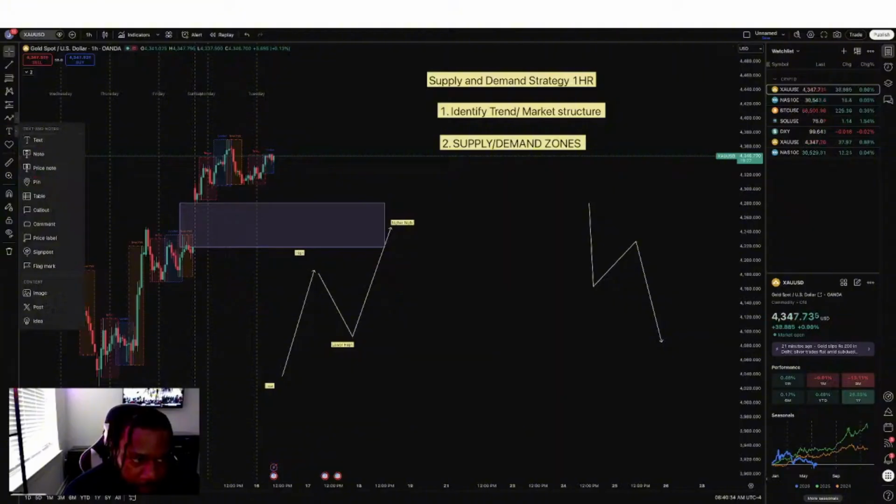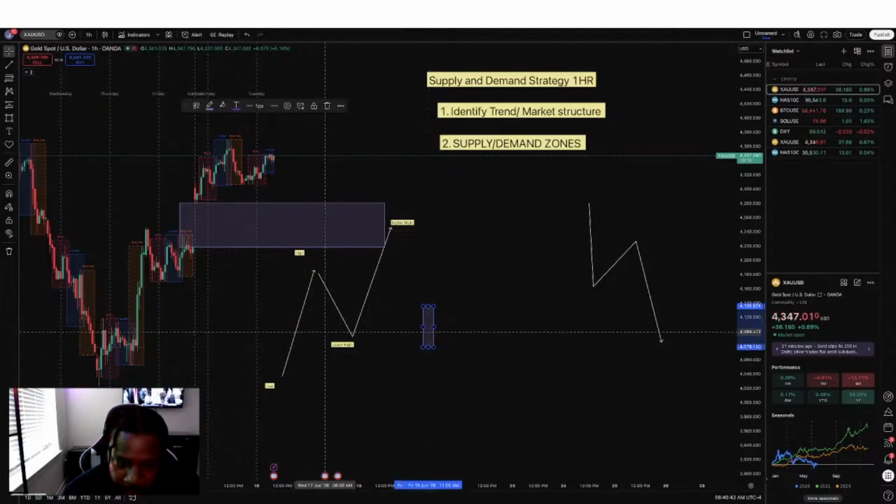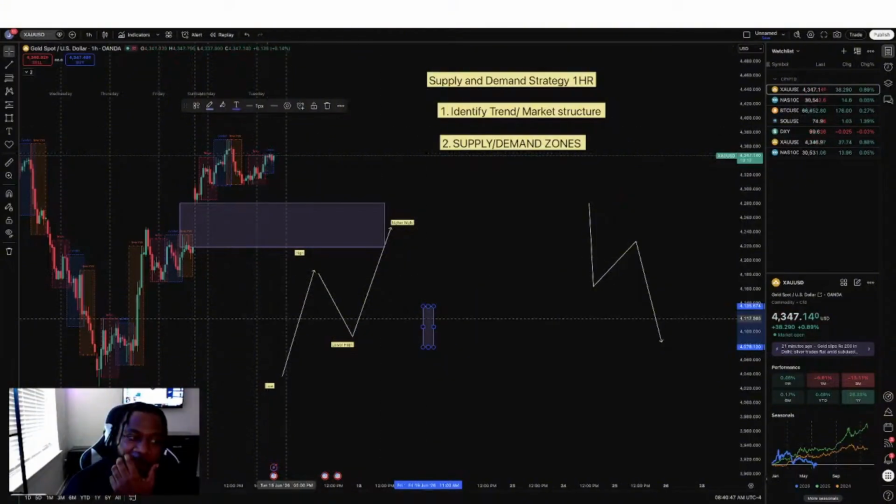Let me show you guys this. So a supply plus demand zone is, let's say, since you got this buy right here, this bullish. Let's say, all right, the market is going up, as you can see right here. And I'm going to turn this red.